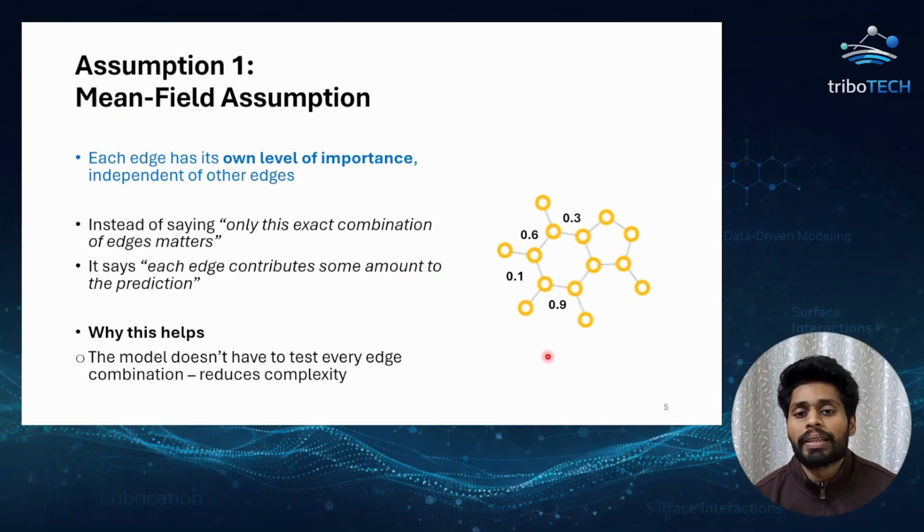Now, for example, in this graph, you can see that edges have independent importance scores, and this is also applicable to other edges for which they are not shown. So now how does this assumption help? The model doesn't have to test every edge combination here, right? So this reduces a lot of computational complexity for the experiment.